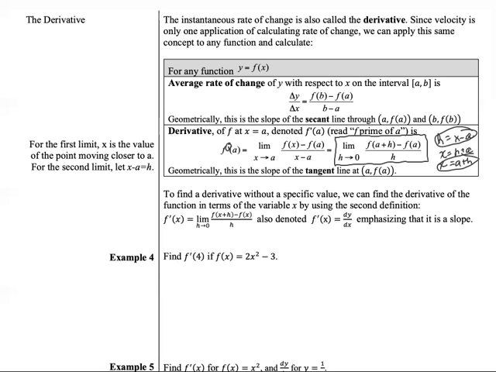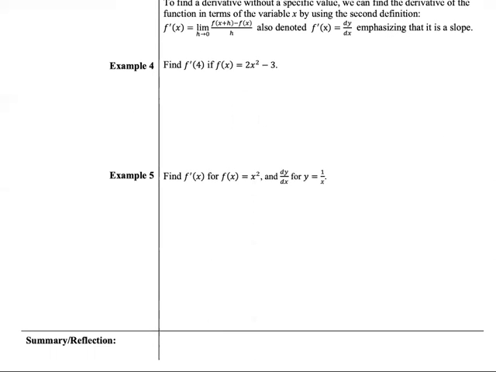Okay, so let's go ahead and take a look at example 4. In example 4, we want to find f prime of 4 for the given function. So we want to find the limit as h approaches 0 of f of, we need to know what our a value is, right? A is 4.